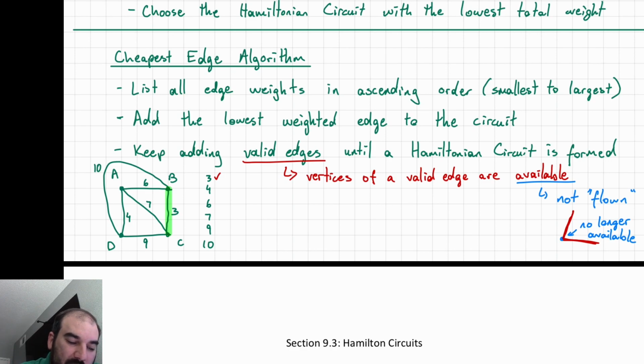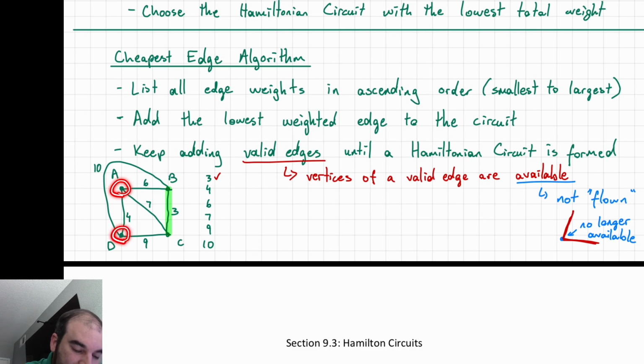Now comes the weird part about adding valid edges. Going down this list, we're going to consider each edge, and if it's valid, we're going to add it. If it's not valid, we're not going to add it to our circuit. So the next edge we have in question is this edge AD that has a weight of 4.